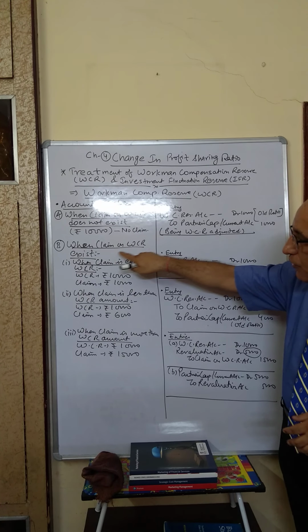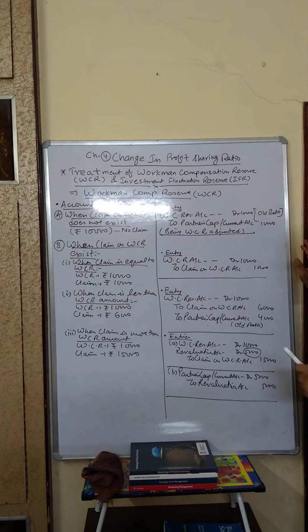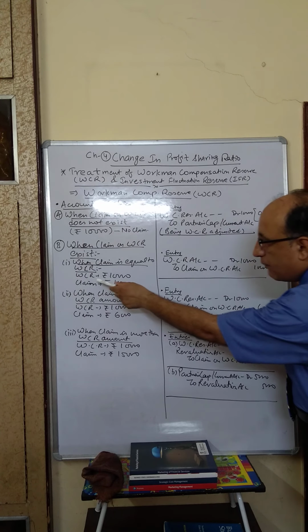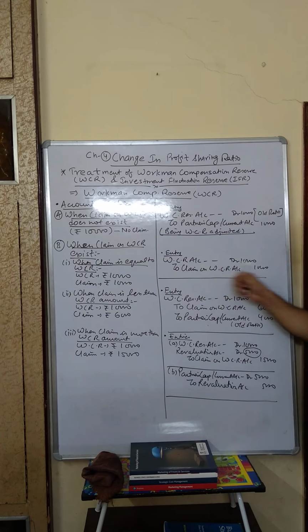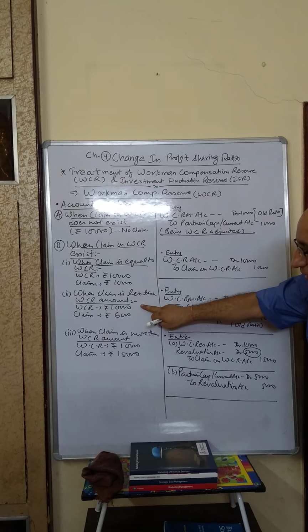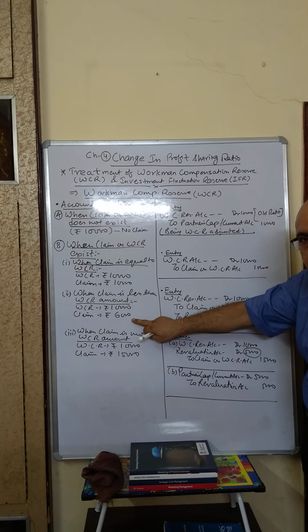B case, when claim on WCR exists, the possibility is equal to, less than or more than. If equal, WCR created by the firm is 10,000, claim by the employees 10,000, and WCR account debit to claim on WCR 10,000. When claim is less than WCR amount, 10,000 created by the firm, 6,000 claim is there.